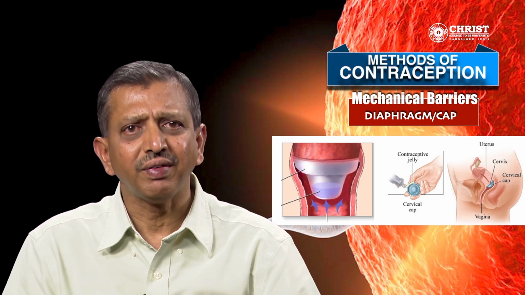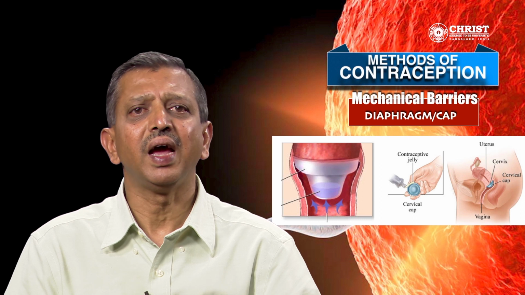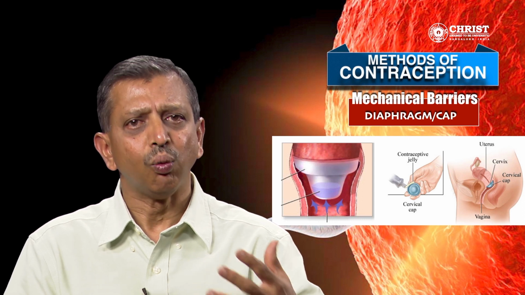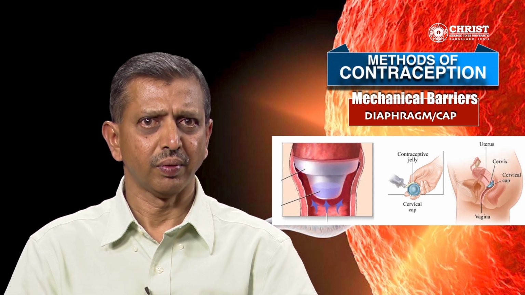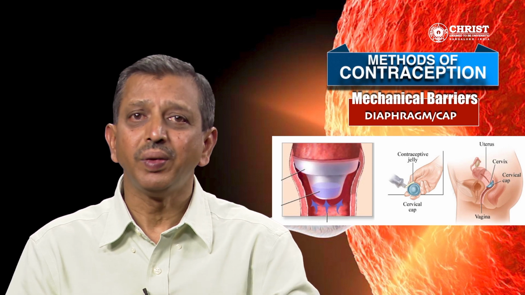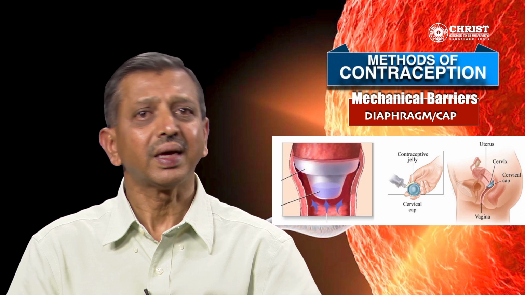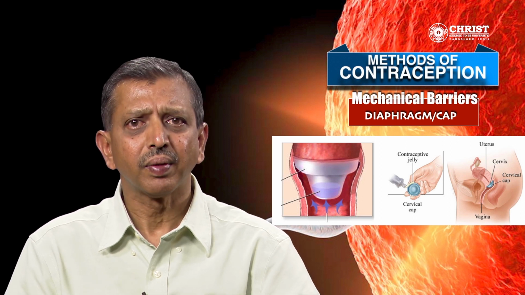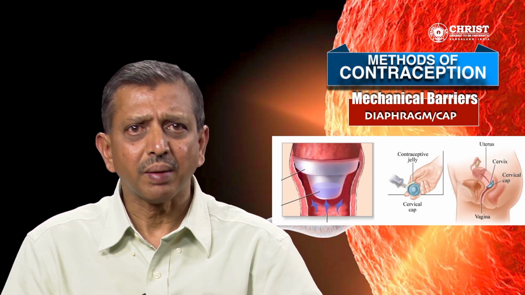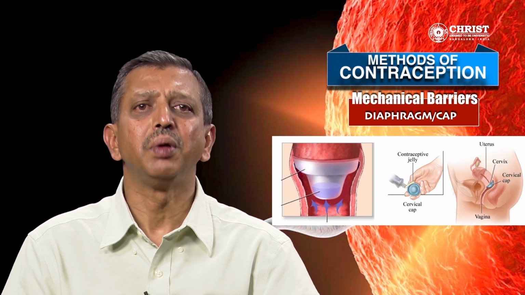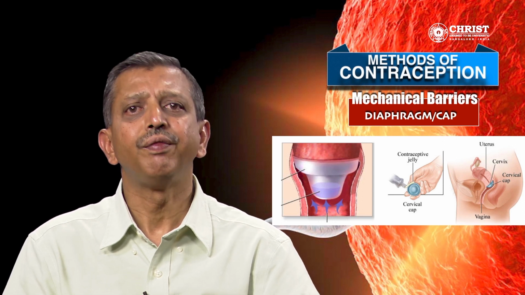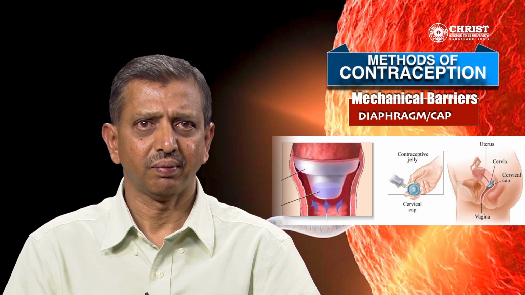It covers the cervix and thus prevents the entry of sperms into the womb or uterus. The diaphragm is also smeared with spermicidal jelly. Cap is a diaphragm except that it is small, thimble shaped and fits over the cervix.